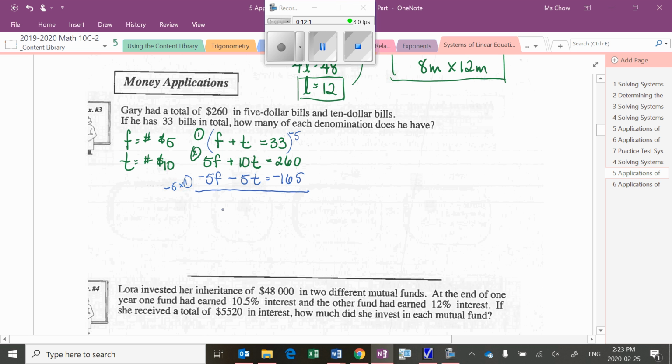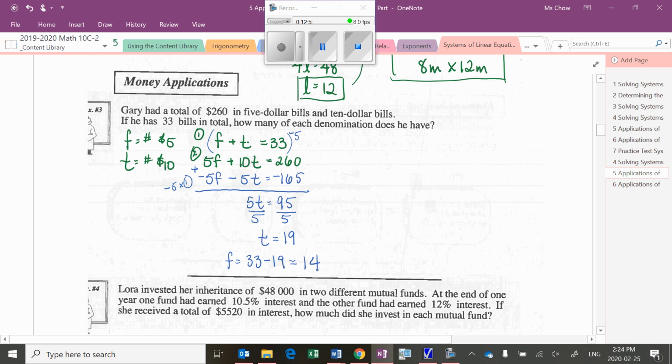So the F's then eliminate each other. 10T plus -5T is 5T, and 260 plus -165 is then 95, and divide both sides by 5. And so T is then 19. Knowing that we have 33 bills in total, F is going to equal 33 minus 19, or 14.